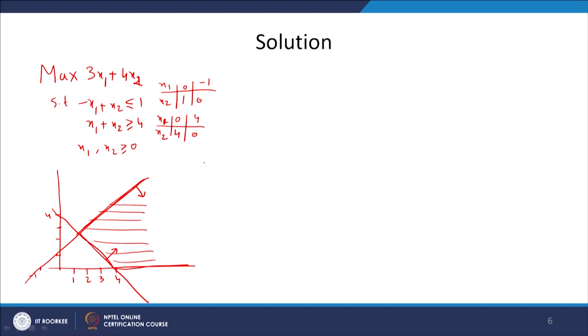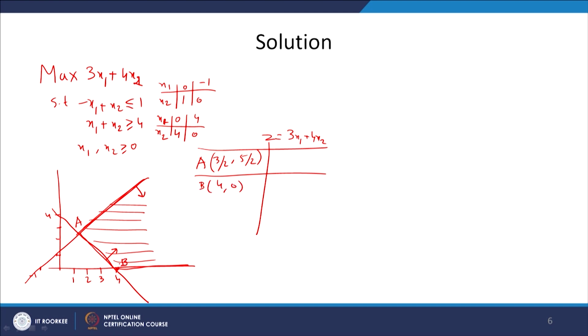So, the coordinates are as follows: A is this point and its coordinates are given by (3/2, 5/2), and the objective function is 3x1 plus 4x2, and similarly B is the point (4, 0), this is the point B. So, the objective function value is 14.5 and 12.